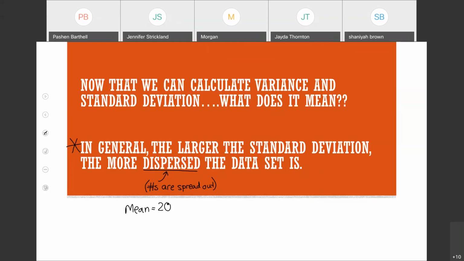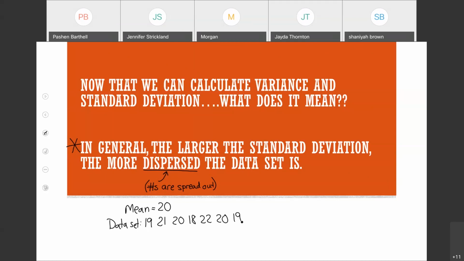Like when we added all the numbers up, we divided by however many we had, and we got 20 for the mean. And then if I look back at the original numbers in the data set, suppose that the numbers look like 19, 21, 20, 18, 22, 20, 19.